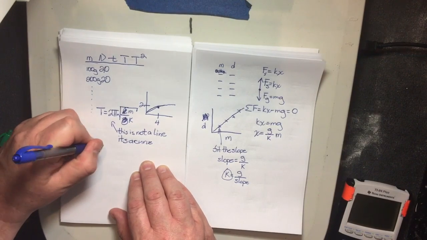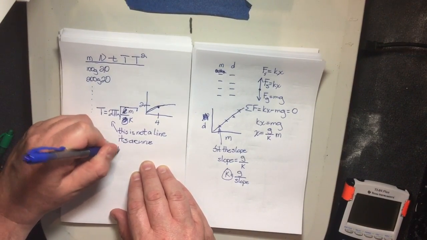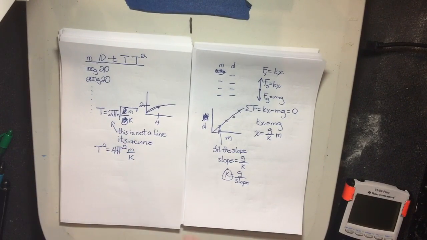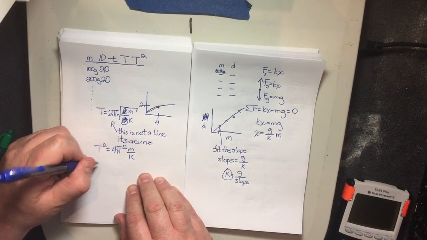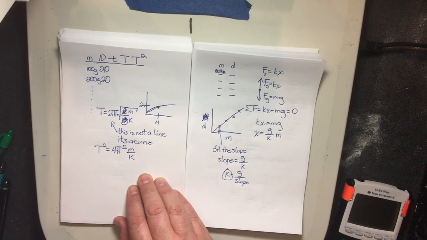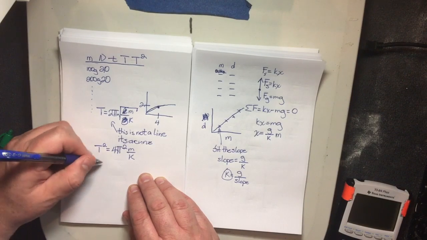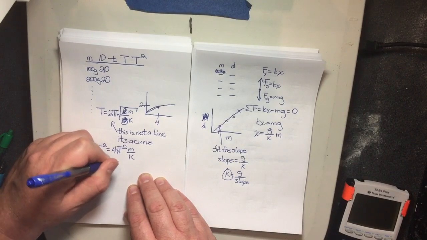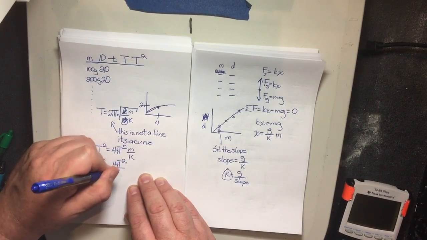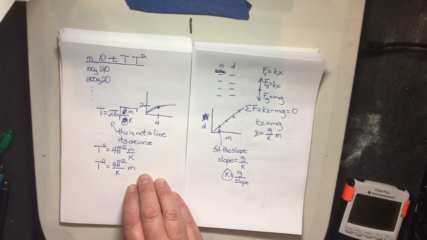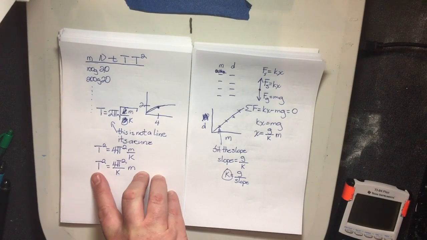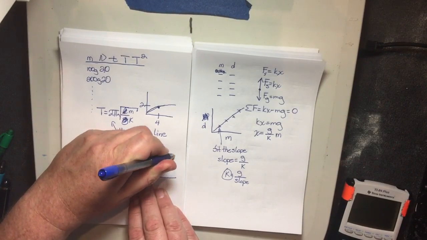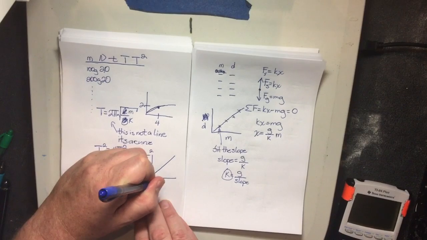But if you take T squared equals 4 pi squared m over k, this is linear. Let me rearrange it so that you can see it. T squared is equal to 4 pi squared over k times m. If you double the mass, you double the T squared, and you end up with a straight line.